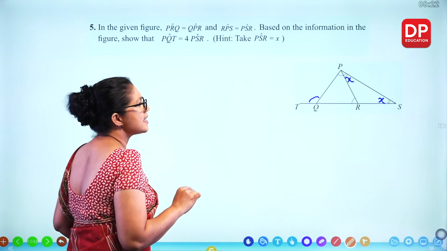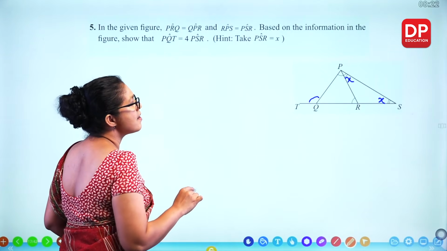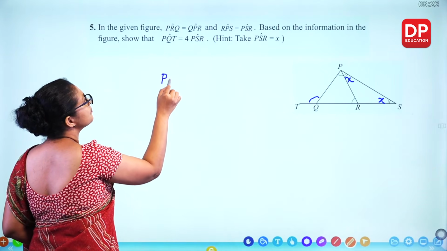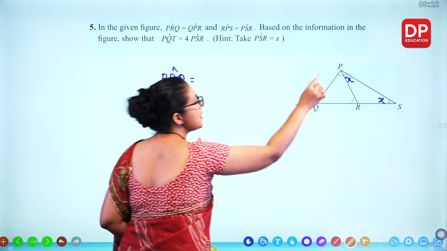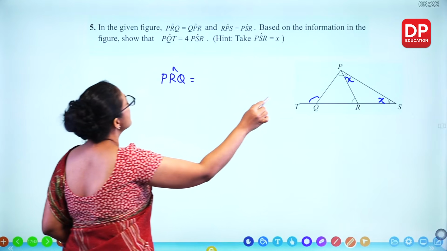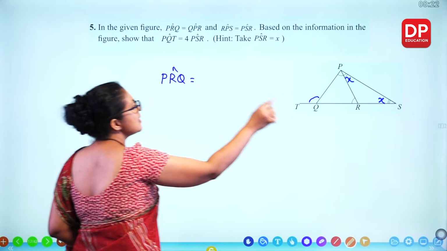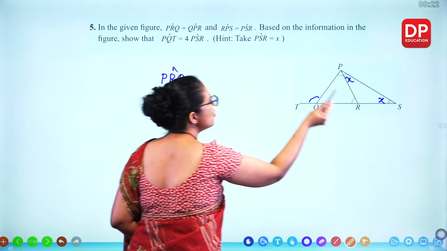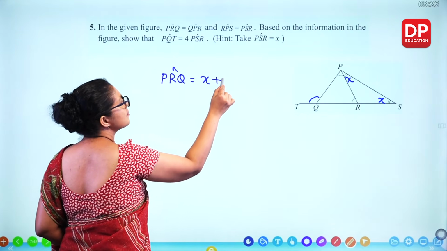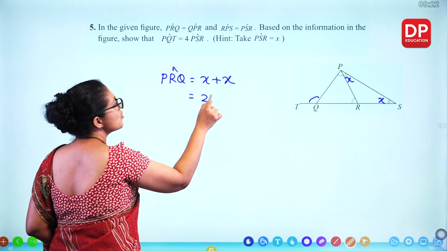I can write PRQ angle is what? PRQ or PRT angle is equal to 2x, x plus x. You get 2x angle.